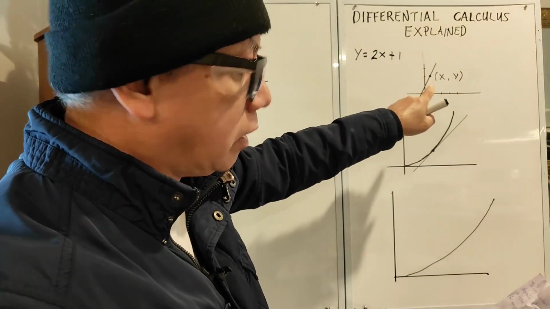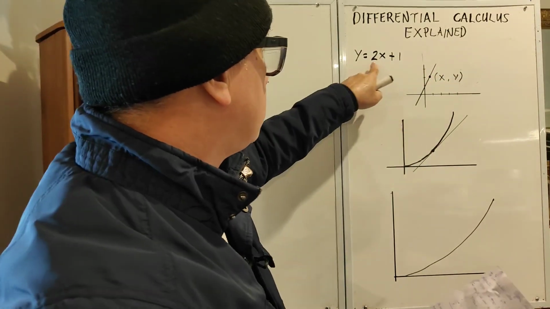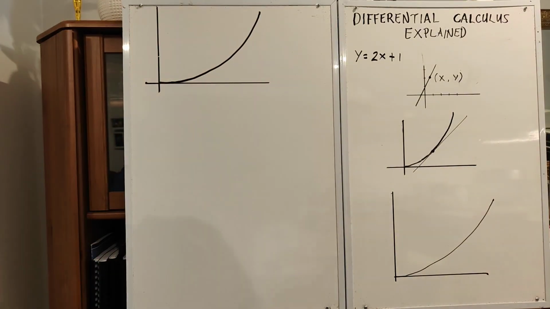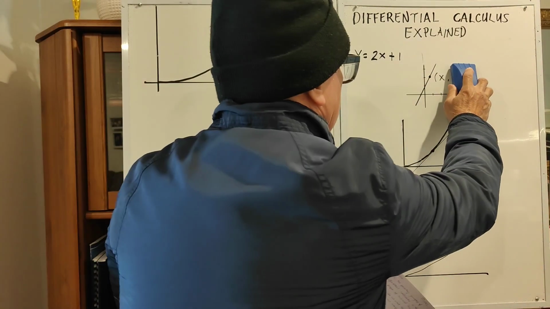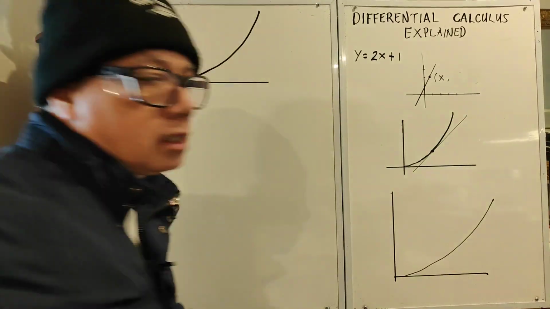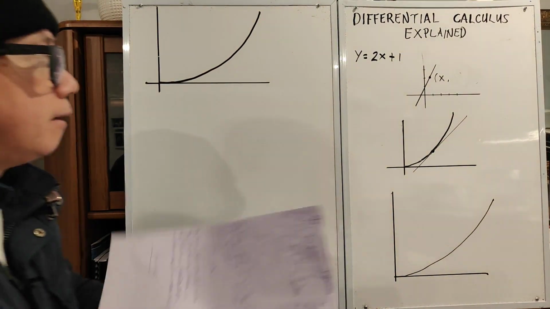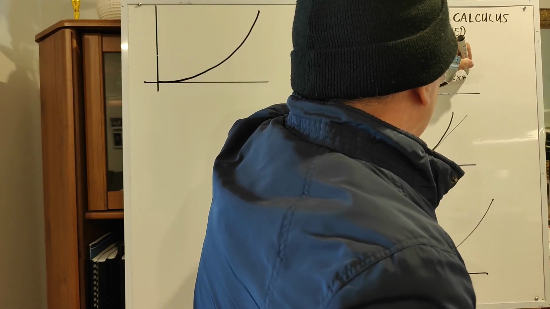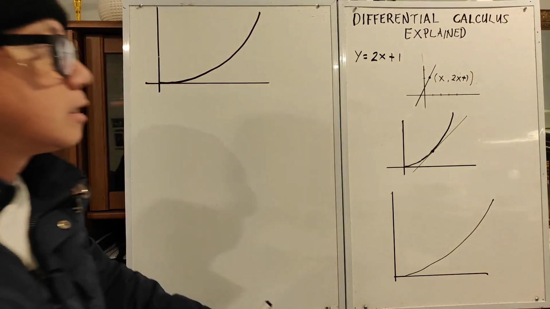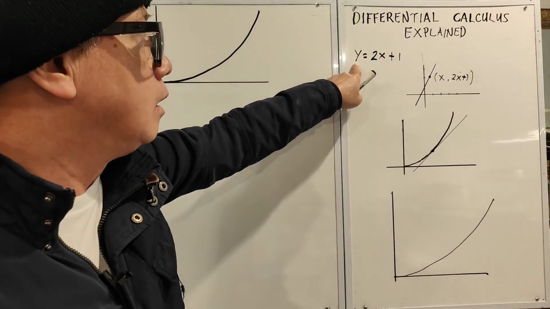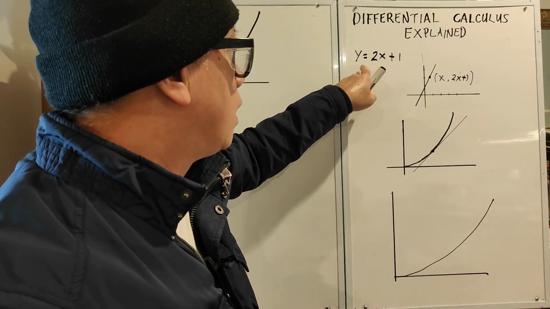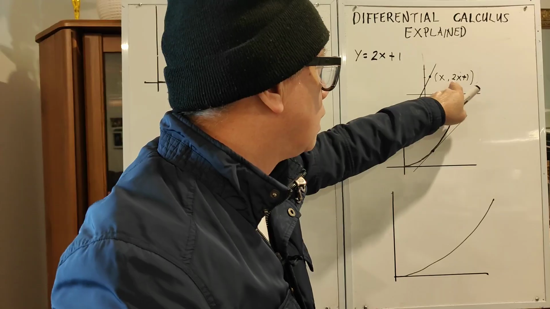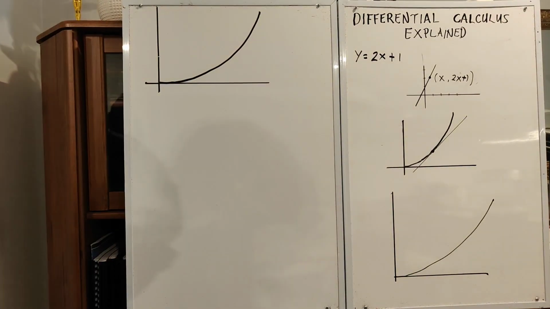But since we know that y is equal to 2x plus 1, we can now rewrite this y as 2x plus 1. So we don't have to write the y anymore. So y is now in terms of x. Y is 2x plus 1.